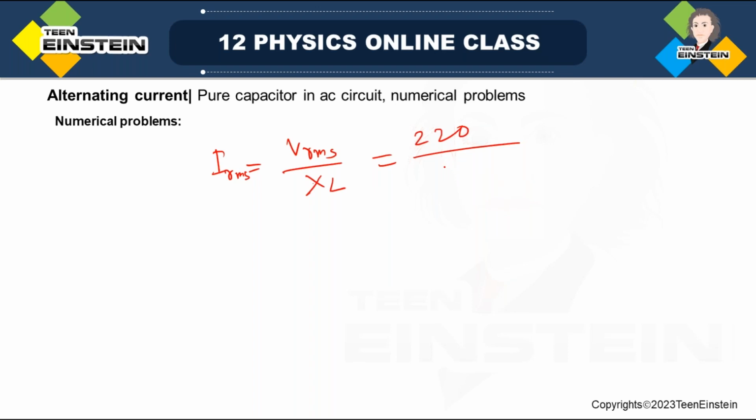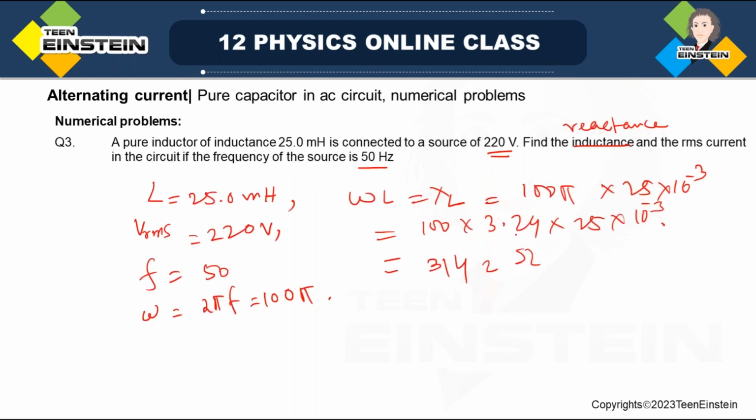So XL we had got already, right? I'm sorry, this XL value, I think this will be some different value.